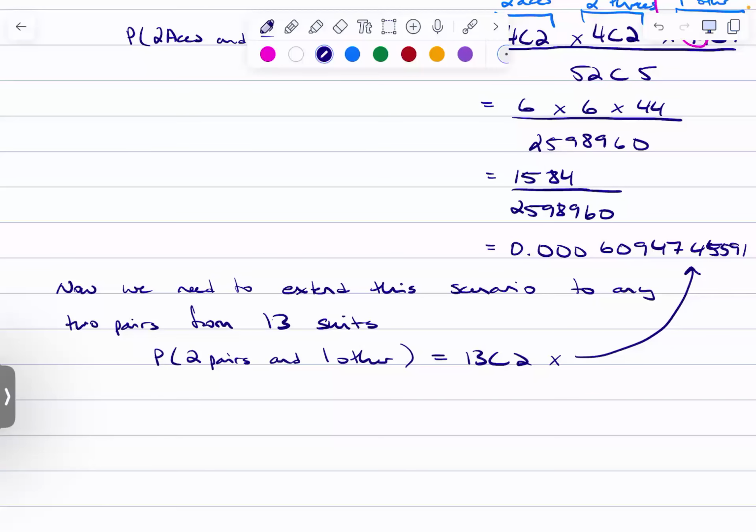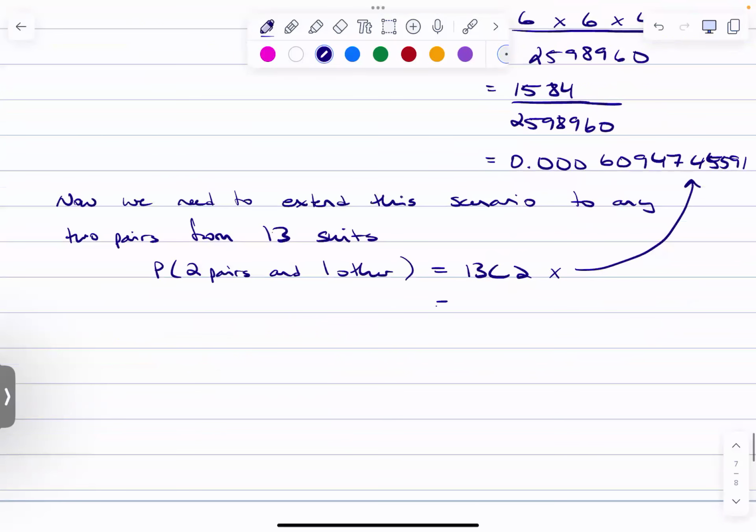So now I'm just going to go times 13 choose 2, and I get a probability of 0.047539016. So the probability of drawing 2 pairs and 1 other card is roughly 4.75%.